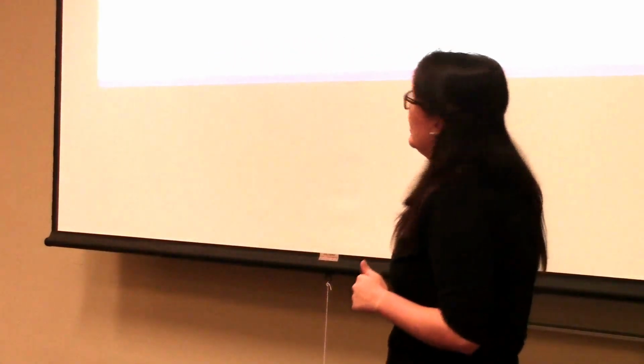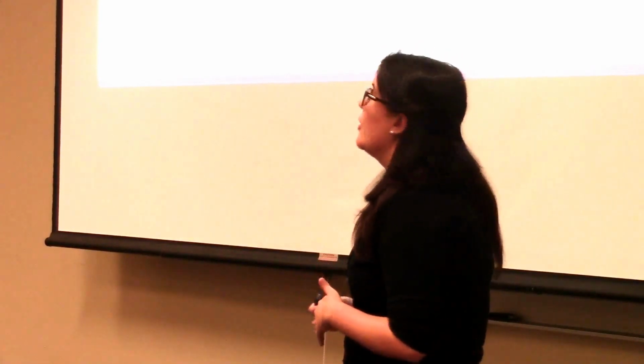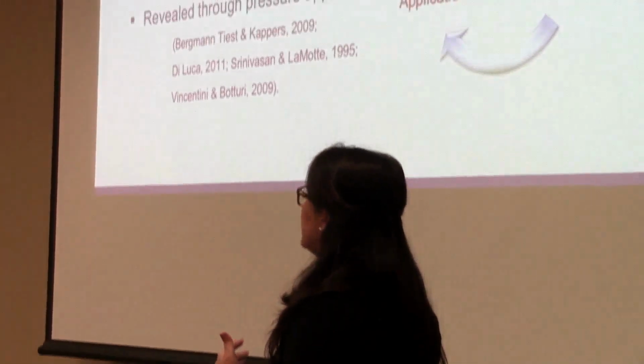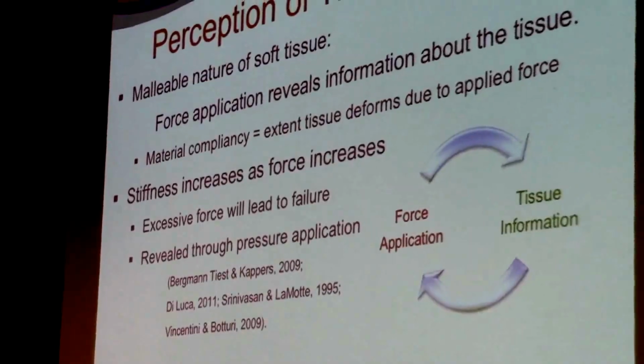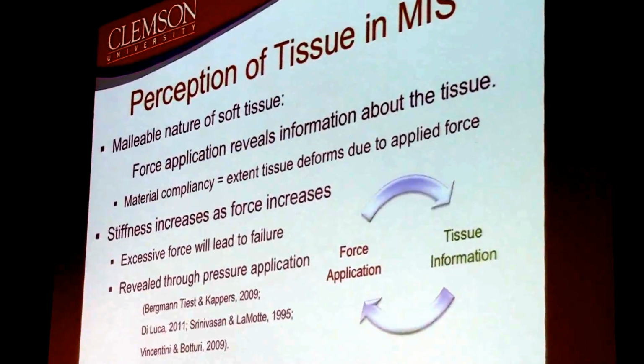So this perception of tissue, what the surgeon is trying to do is have a material compliancy and understanding that material compliancy through dynamic touch using these tools. So as force increases into the tissue, the stiffness will also increase.